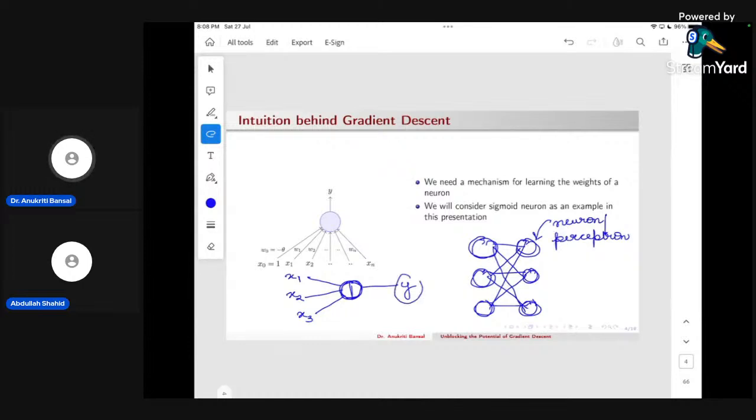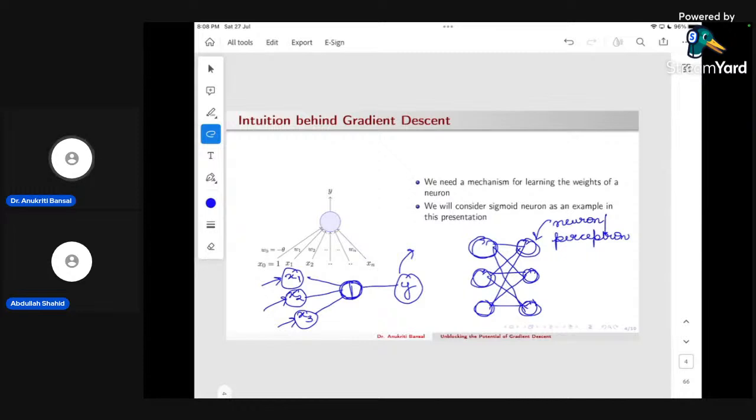On what basis am I deciding whether I like a movie or not? It can be who the actor is, who the director is, how the story was, and there can be other parameters as well. So this is my input, x1, x2, x3.